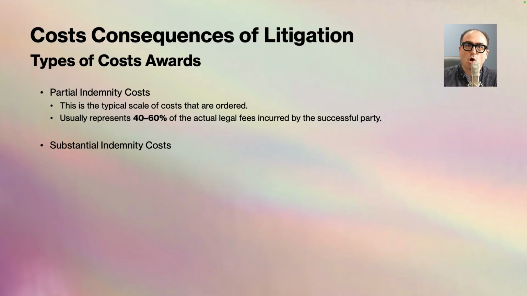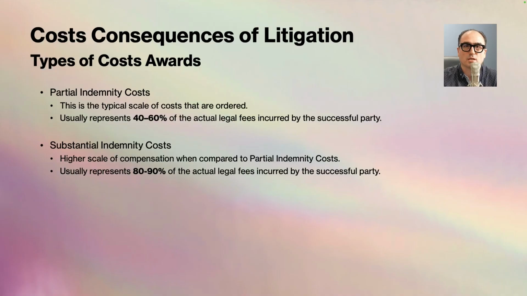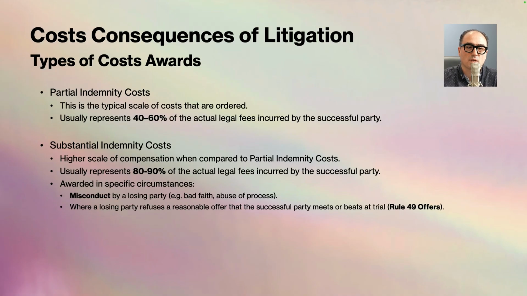But a court may also, in certain circumstances, order what's called substantial indemnity costs. And those are costs that represent between 80 and 90% of the actual legal fees incurred. So it's a higher scale of costs in comparison to partial indemnity costs. But it's awarded much less frequently, and usually in cases where there's some sort of bad behavior or misconduct on the part of the unsuccessful party.